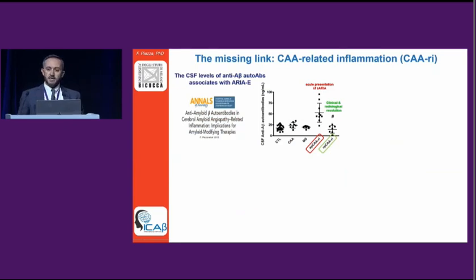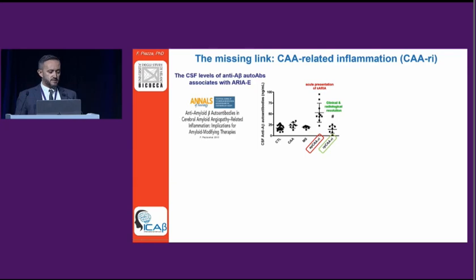So CAA-related inflammation, finally, after more than 10 years of research and experience, is emerging as the possible missing link to properly understand this mechanism and to be more successful in finding biomarkers.